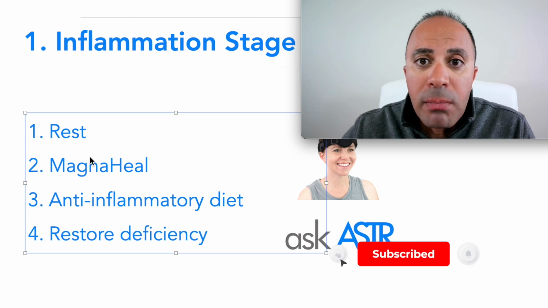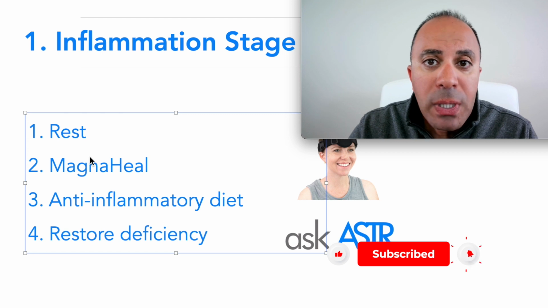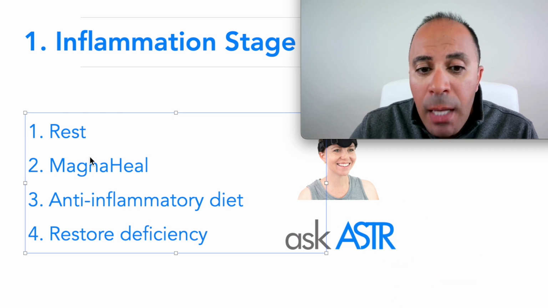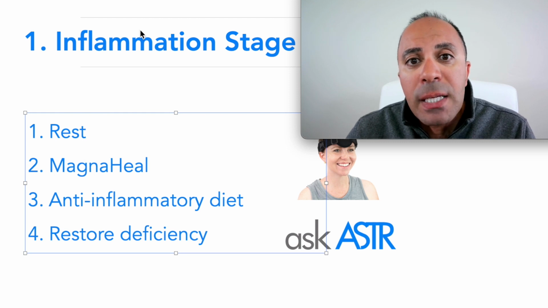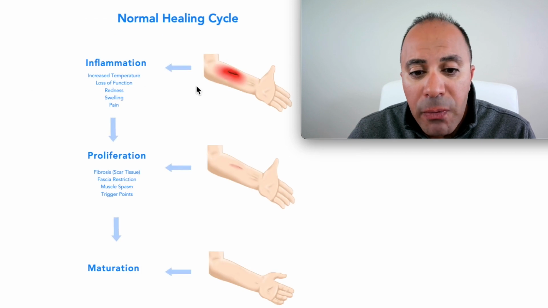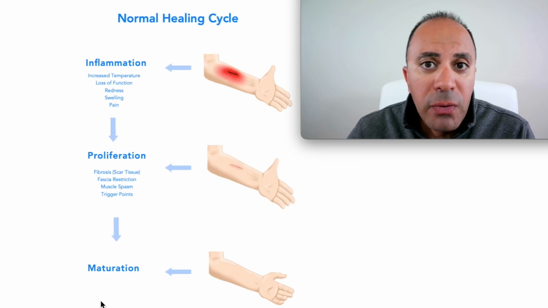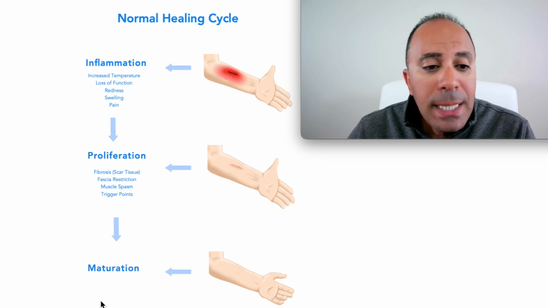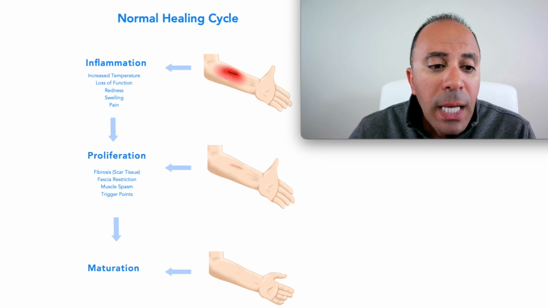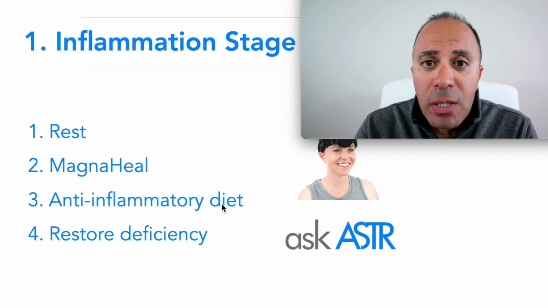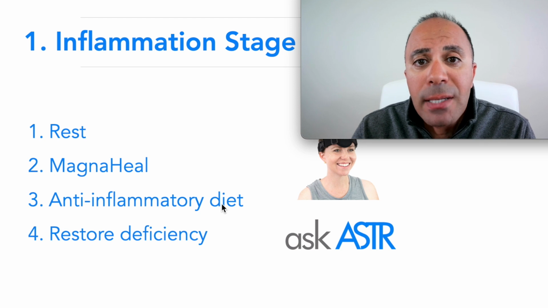I like to give all my patients an anti-inflammatory diet because there are certain foods that cause internal inflammation and slow down the healing. The other thing is, if you have severe deficiency, your body is gonna be slow to heal, to move from inflammation to proliferation to maturation. If you have deficiency in B, C, D, K2, magnesium, and other vitamins and minerals, that process will slow down significantly. One thing you can do right now is go to askastr.com.